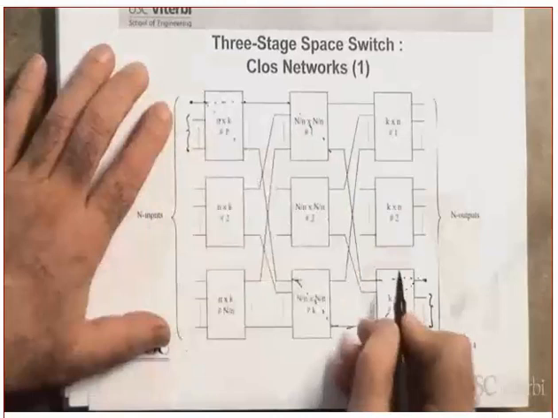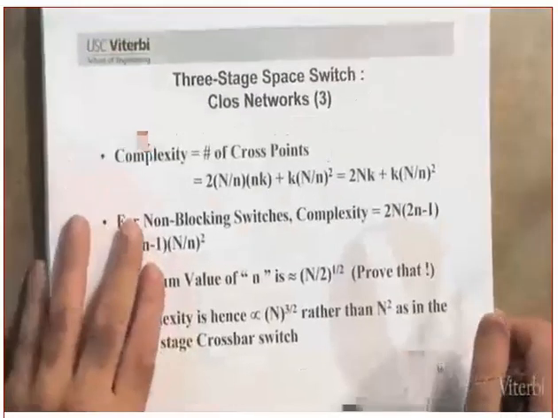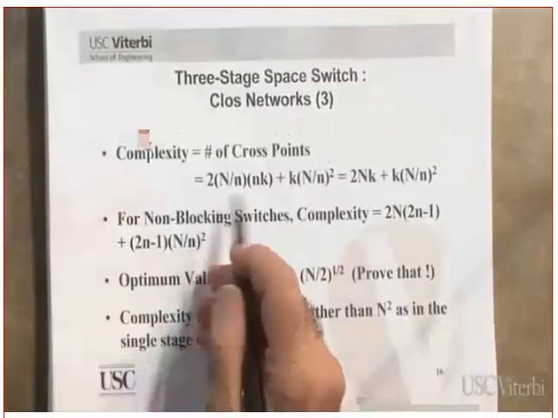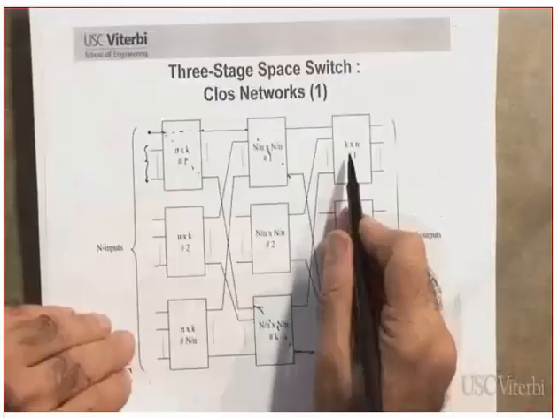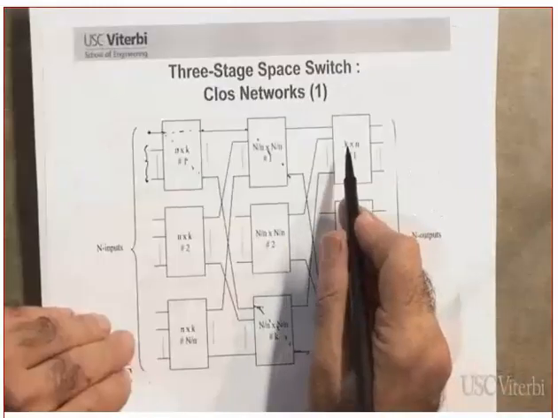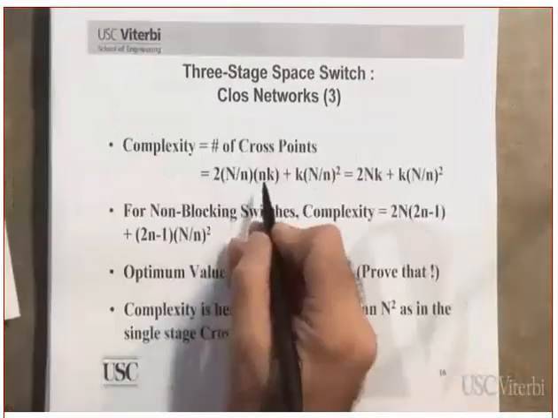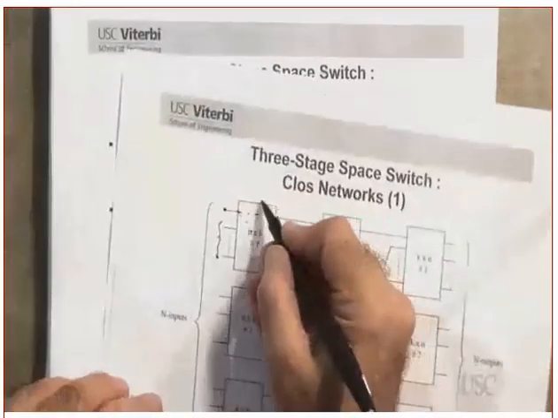And when you take the derivative to find the optimum value of n, you will see that the optimum value of n is approximately the square root of N. And the complexity, as compared to the single stage complexity, is proportional to the square of the size of the switch, whereas this one is proportional to N to the power 3 over 2, which means this one requires less than the single stage. Clear? This is an example of a non-blocking switch.